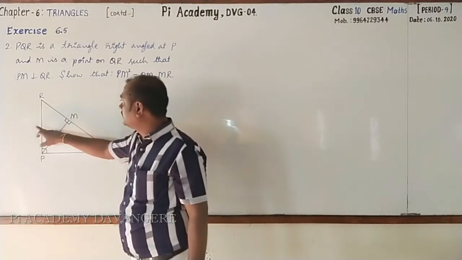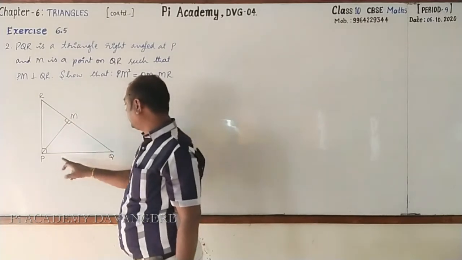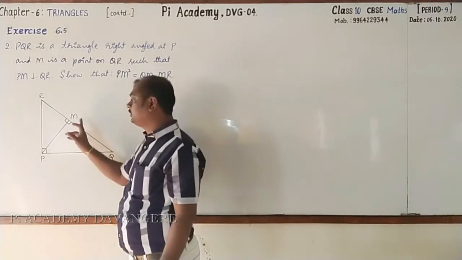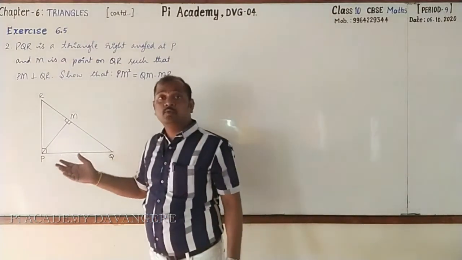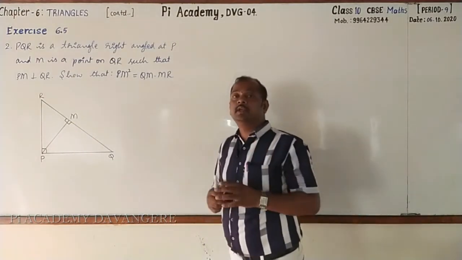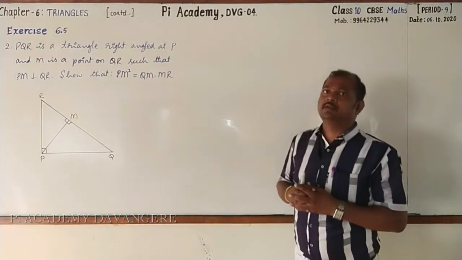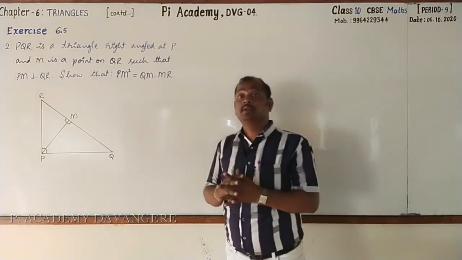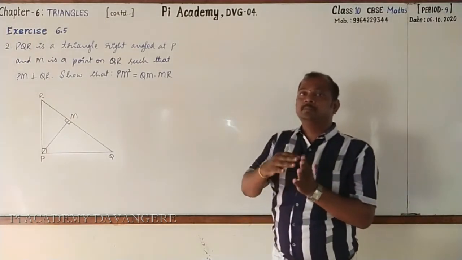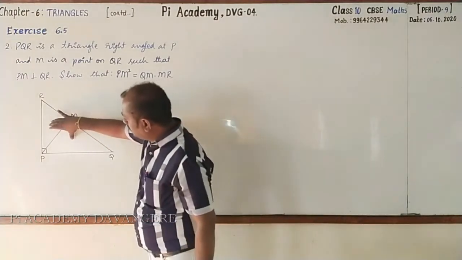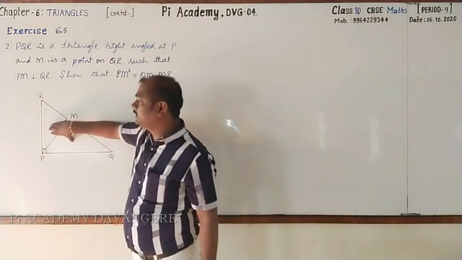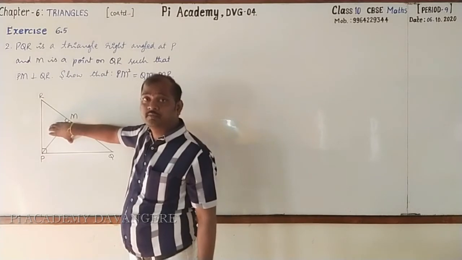One is triangle RPM and another one is PQM. Followed? Hence, we can go for using theorem 6.7, which we learned before Pythagoras theorem. That should be recalled. Okay. How do you go for calling these two as similar? Very simple.